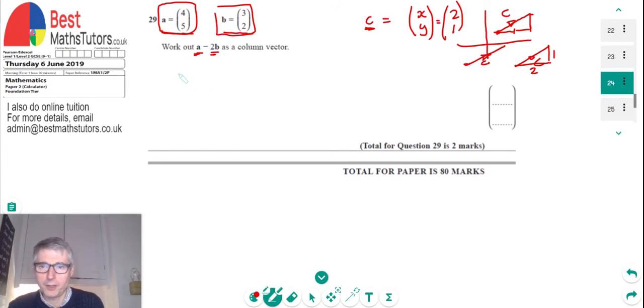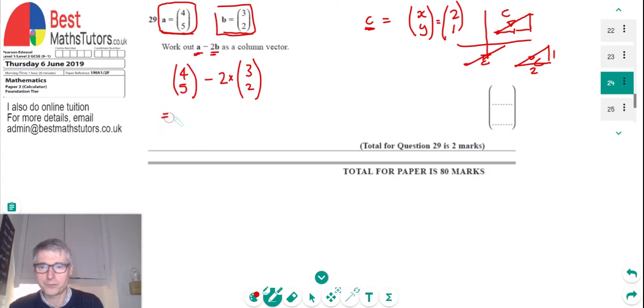So if we replace the A and the B by these actual vectors, it would mean 4, 5 for the A minus 2 times 3, 2 for the B. And when we have a number in front of the vector, all that means is the 2 would multiply the 3 and also the 2.